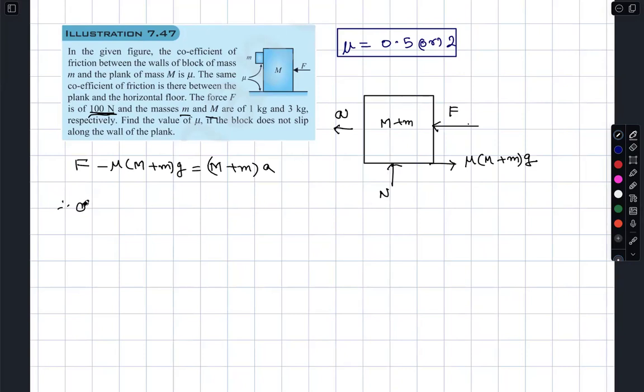So therefore, acceleration is... who cares about this? I am not asking about this. I am asking about what if.